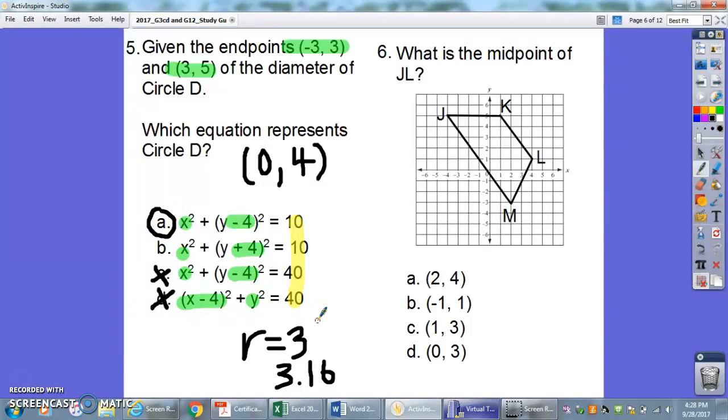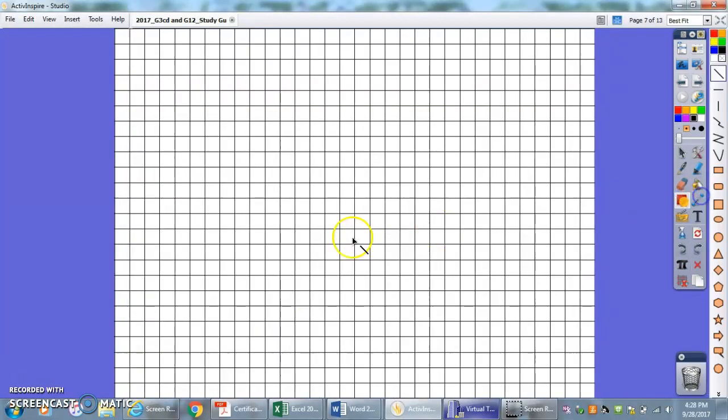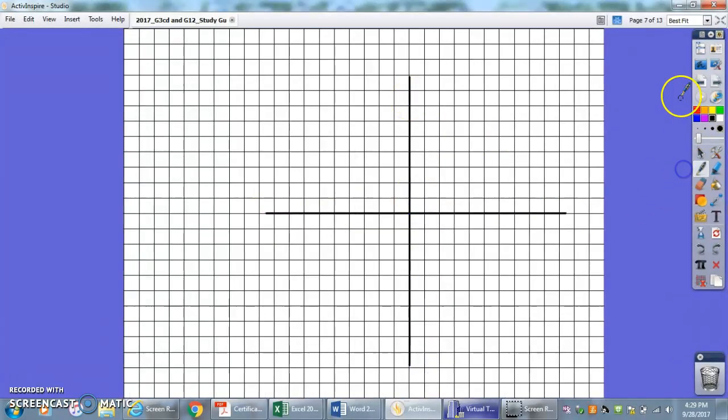What is the midpoint of JL? Remember, guys, I urge you to replot those points. Here we go. Draw your x and y axis. Perfect. Now plot the points.